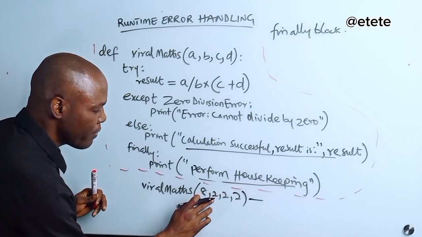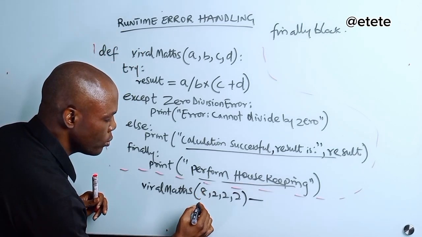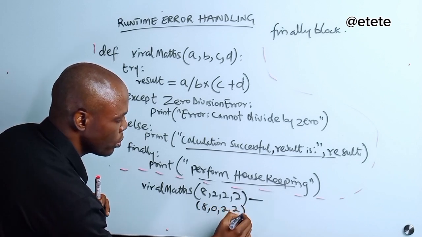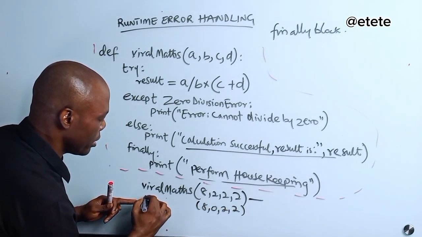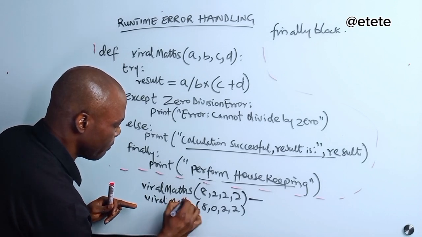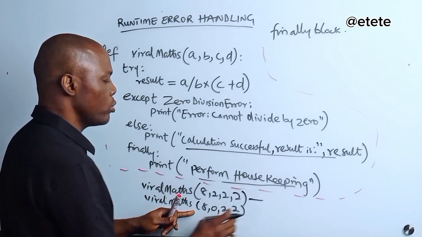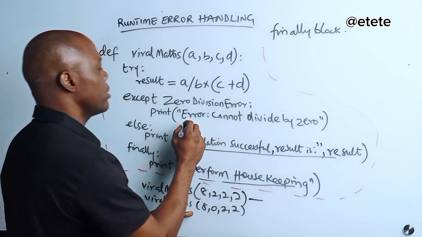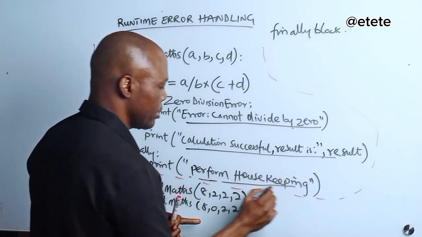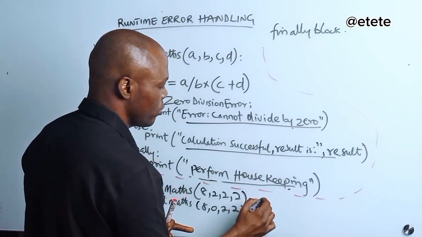But if I change this place to 8, 0, 2, 2, and I'm calling this viral math, what this one will do, it will print out this, right? And then it will print out this. That is what this will give to me.